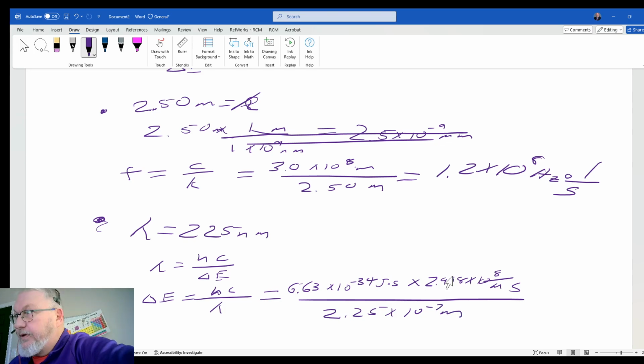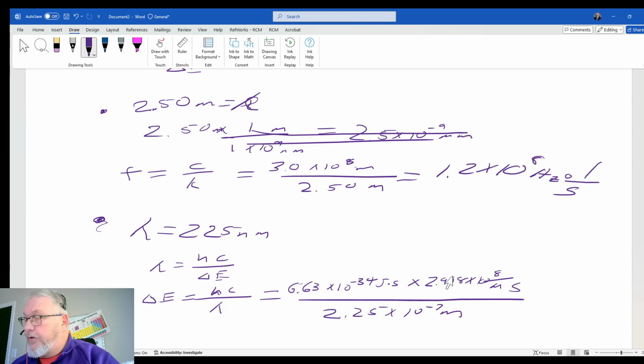So now I've got to use my calculator. And I put it in the calculator. Give me a second. It's 6.63 times 10 to the minus 34 times 2.998 times 10 to the 8th, divided by 2.25 E minus 7.